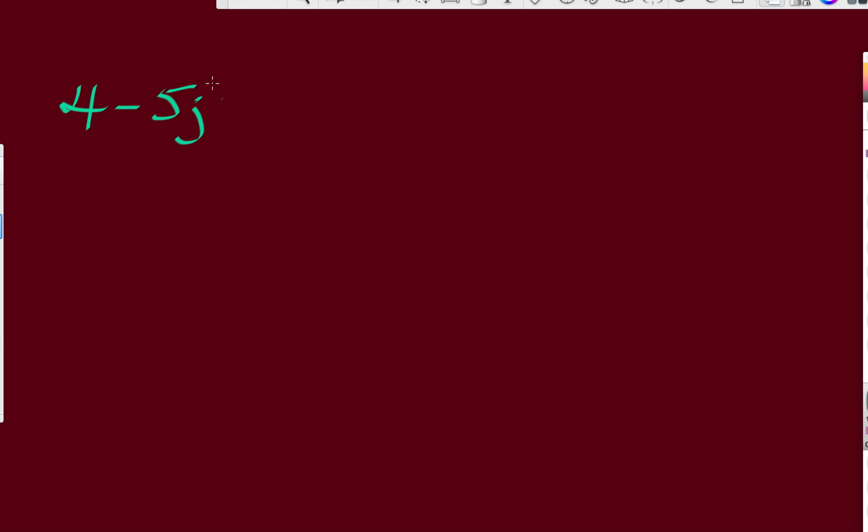And that's a number of joules in terms of electricity. And so we're talking about a series. And then we want to add to it, let's add to it 3 plus, I don't know, 3j, or 3 joules.